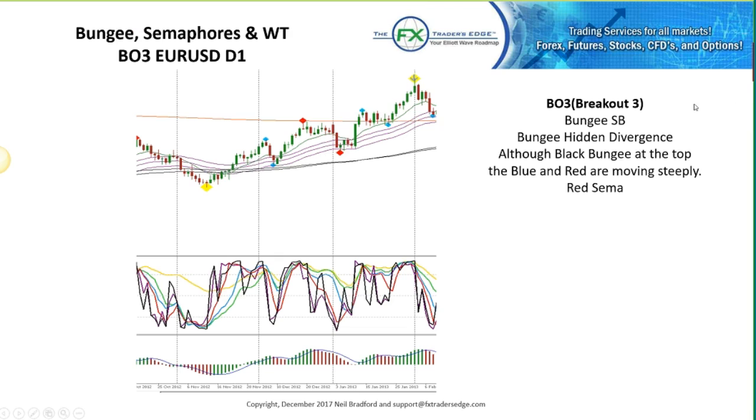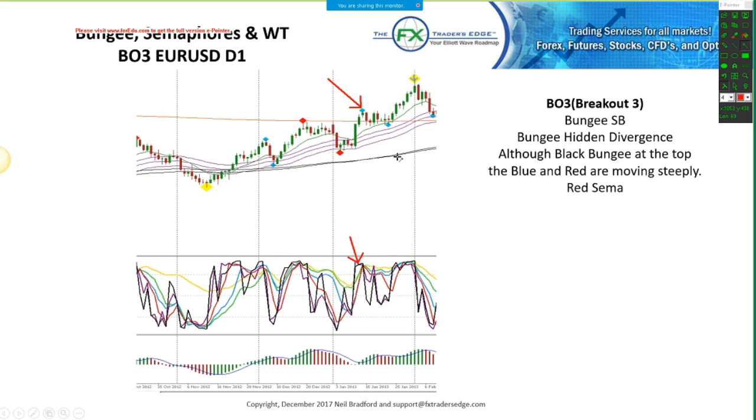At this point, although we have a semaphore, which was probably red at the time, might even have been yellow, we have the black and purple bungees at the top, but look how steep the red, the blue, the green and the yellow are. That tells you this is a strong move.